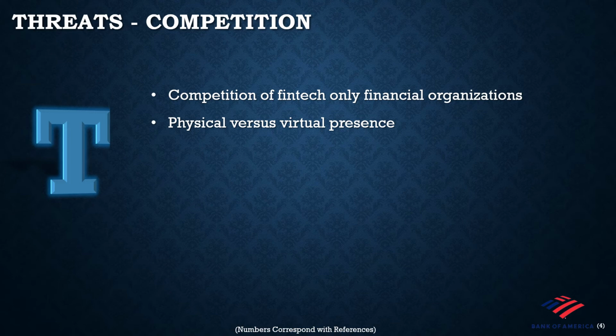Now, this being said, Bank of America has traditionally been a bank strictly with a physical presence. This puts Bank of America at a disadvantage due to the overhead costs and the increased operating expenses with a physical location plus the staff therein. These expenses can actually draw funds away from other business initiatives such as the digital innovation.